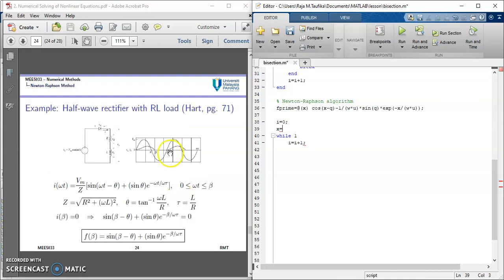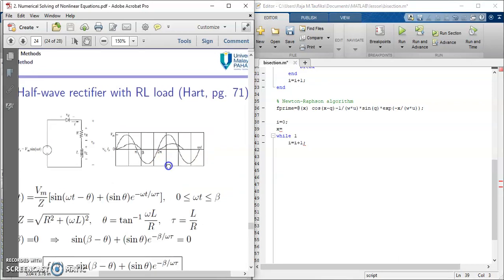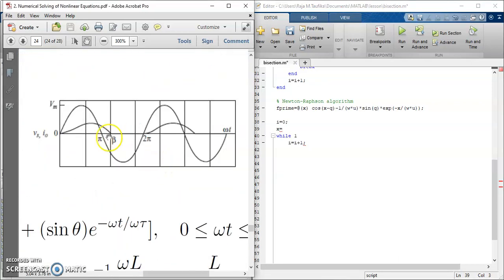Based on this graph, we know that beta is located somewhere a little bit after pi. So I can use pi as the initial guess, or you can also use some point maybe close to 1.5 pi, but I think pi is a good choice. So this is our initial guess.